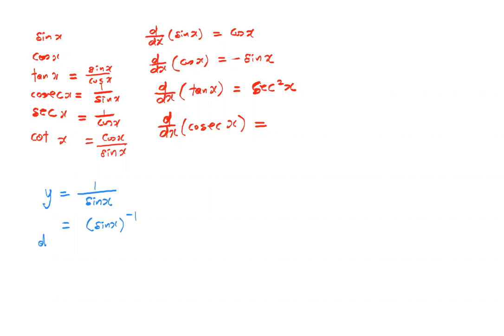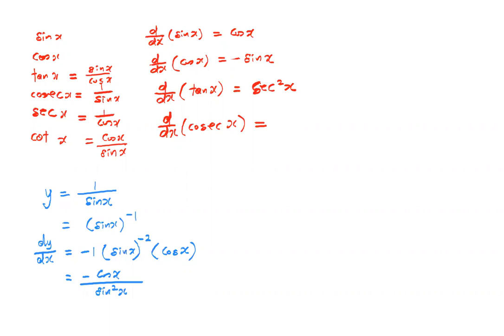So dy dx, take down the power, copy down the whole thing, power take away 1, times by the derivative of the power. So this will be equal to negative cos x over sin square x.